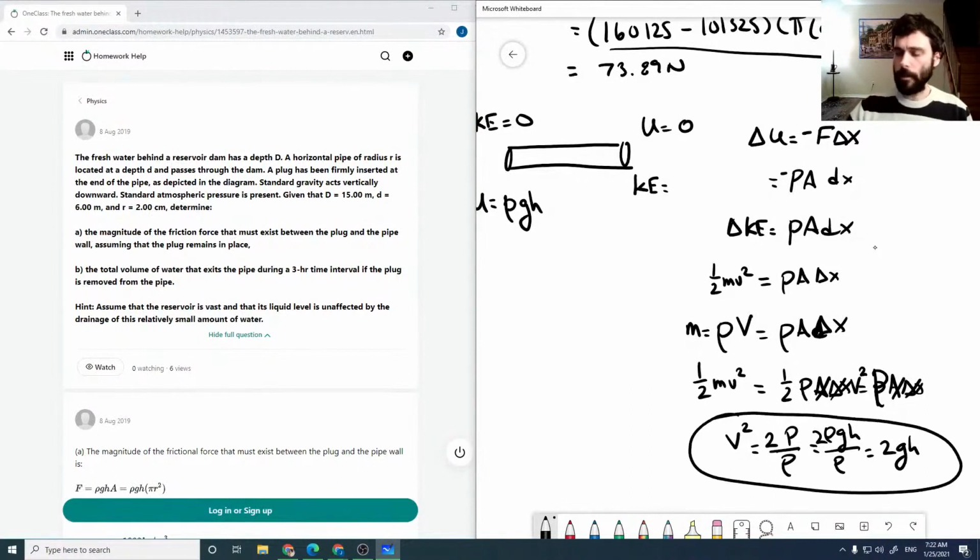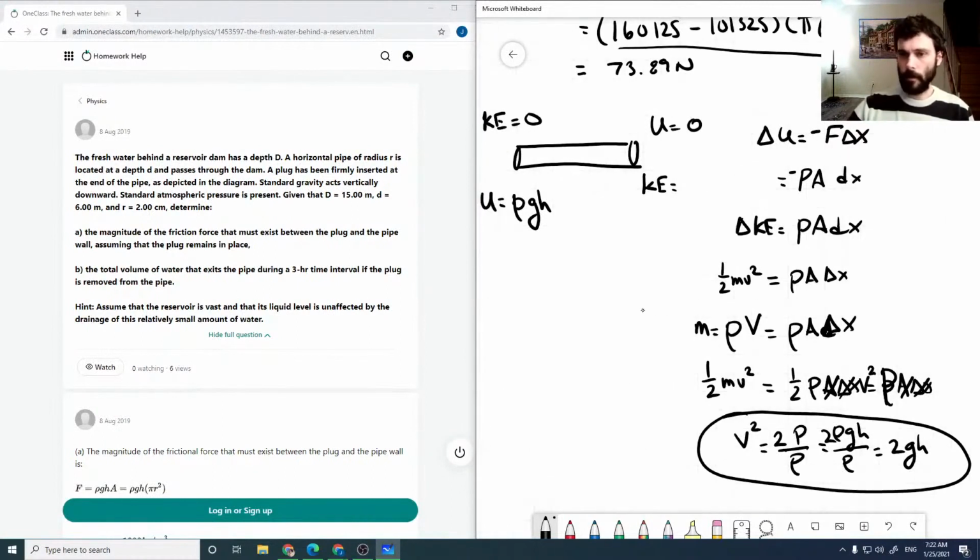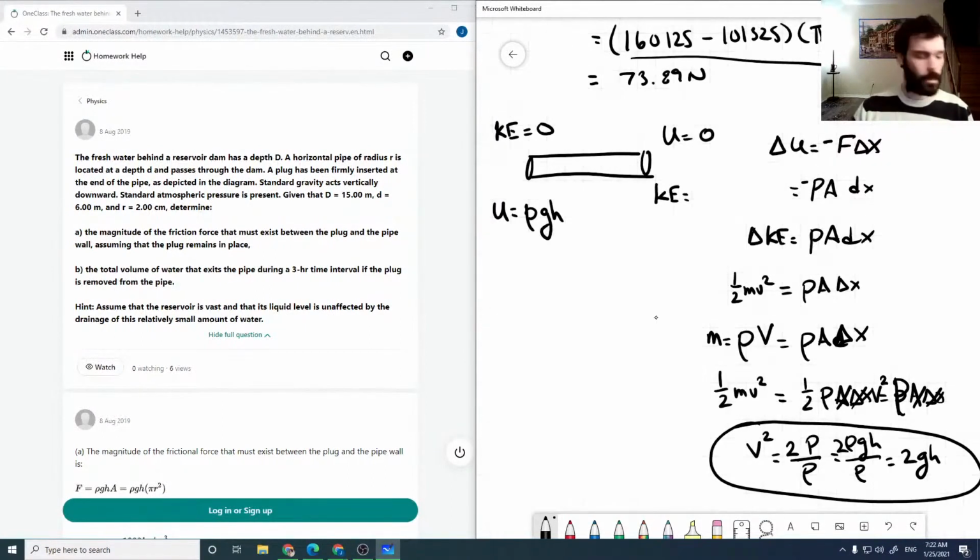So velocity squared for our water is just 2gh. There we go. So our kinetic energy at the output is then just 1/2 m times 2gh. So the 2's cancel, so our kinetic energy at the output is just mgh.